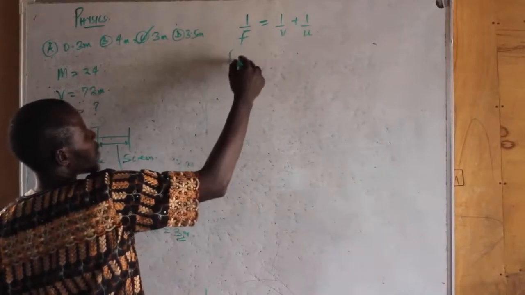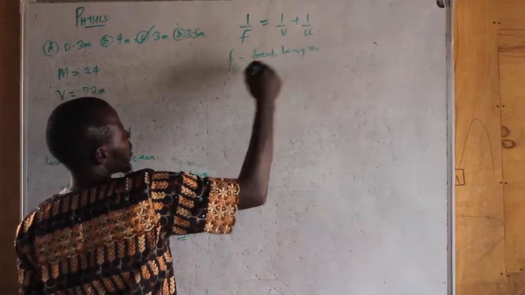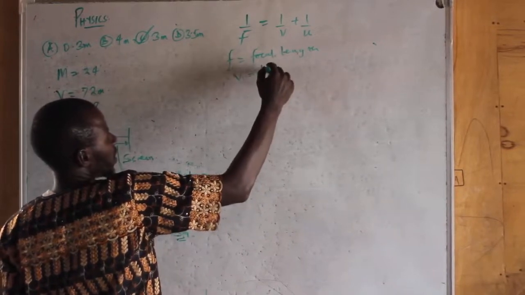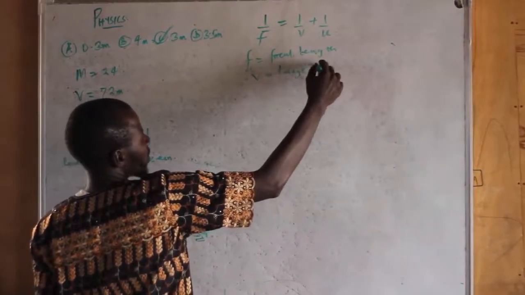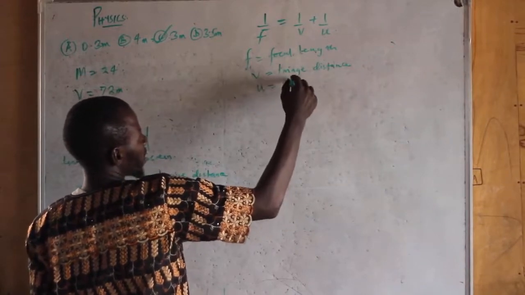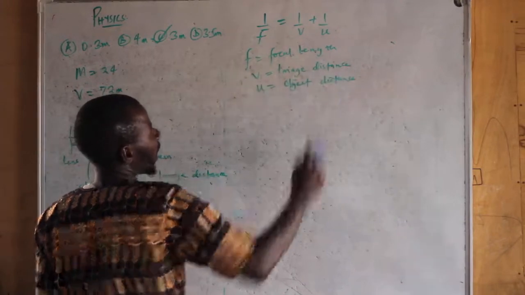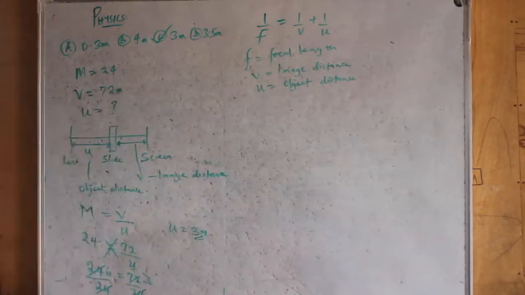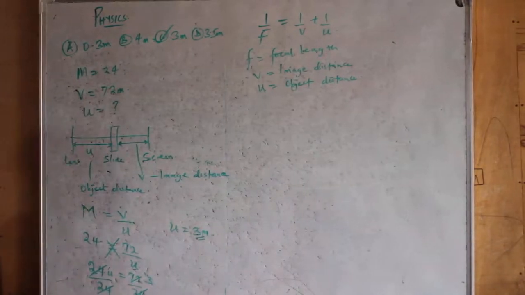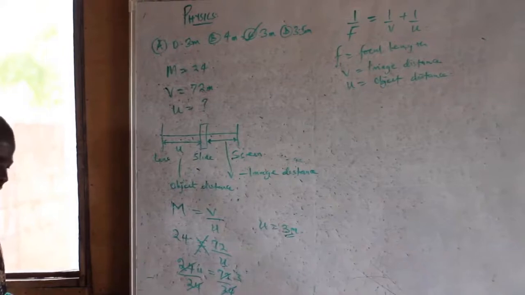Your f is what we call the focal length, while your v is the image distance, and your u is the object distance. Is that clear? So that's the general formula for the lens formula.